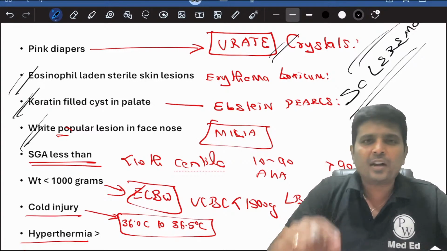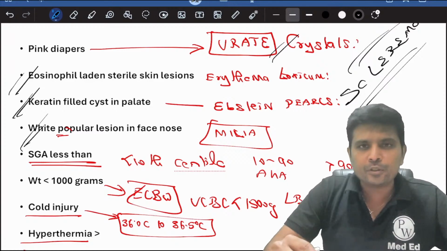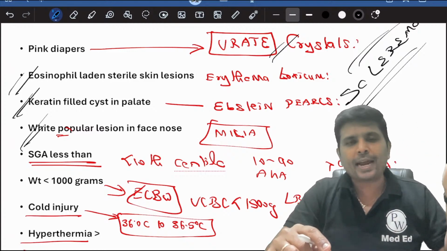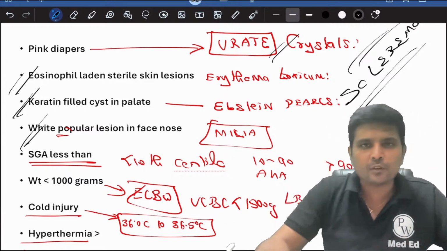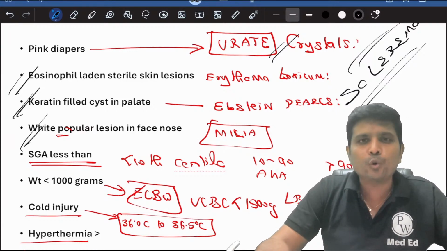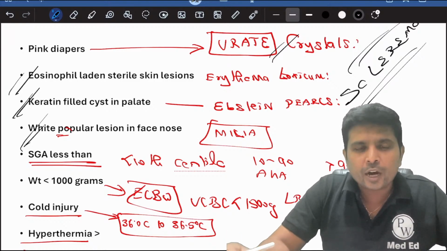Remember, the most often asked question with respect to entrance examination is mild hypothermia, that is 36 to 36.5 degrees Celsius. How to identify that? Whenever you keep one hand over the abdomen and another hand over the foot, the hand over the abdomen will be warm and the hand over the foot will be cold. This is the way you need to measure cold injury or cold stress.